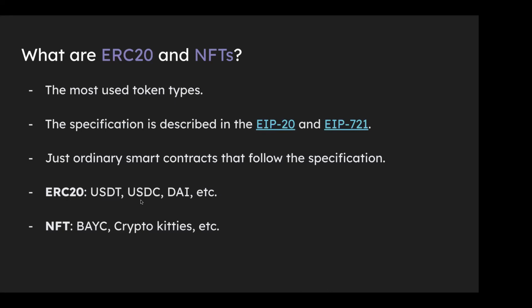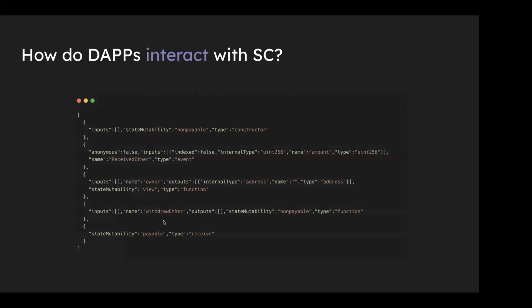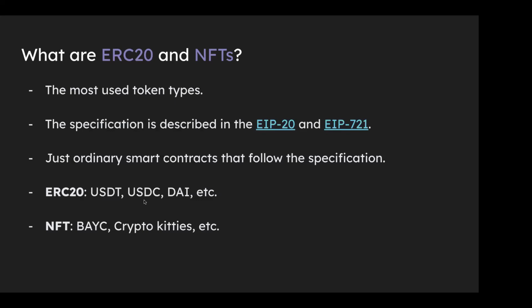ERC20 has a lot of functions, but one of them is transfer. So your wallet encodes this transfer according to the ABI rules and sends the transaction. The USDC smart contract executes it and updates the balances of your account and the accounts of the friends you're sending the money to.